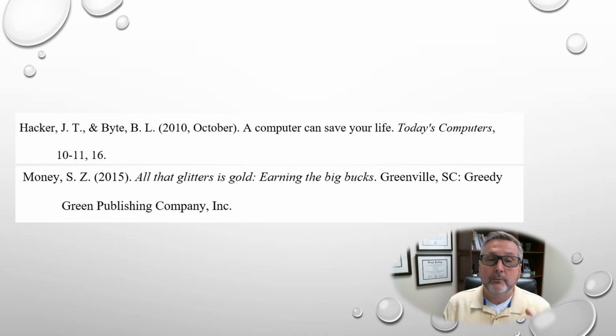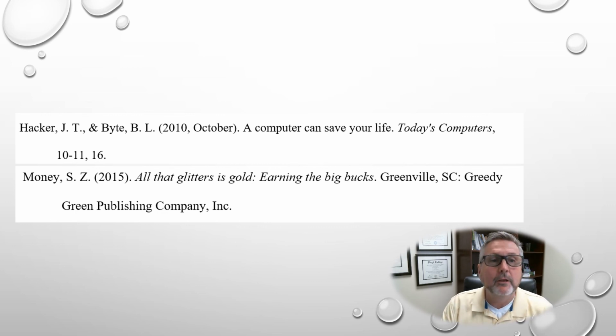So we have a title and a subtitle, so we have two words that are capitalized. Then we have the period, the city and the state of publication, the colon, and the name of the publishing company. Boom! So it's that easy to create a reference page.